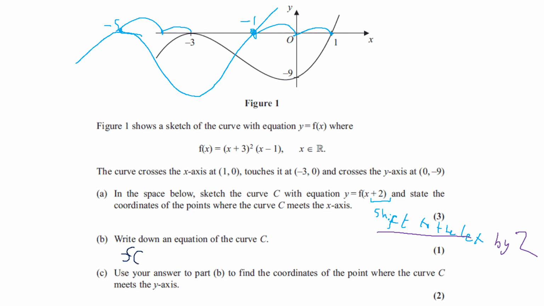So f of x plus 2 is going to be equal to, I'm going to sub it in with red, ((x plus 2) plus 3) all squared times ((x plus 2) minus 1).